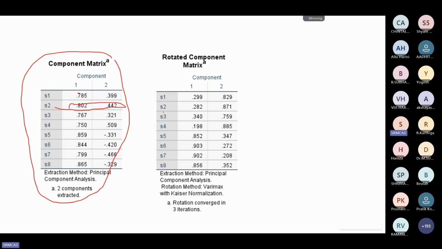But after rotating, see here, these have low factor loadings, and these have low factor loadings.